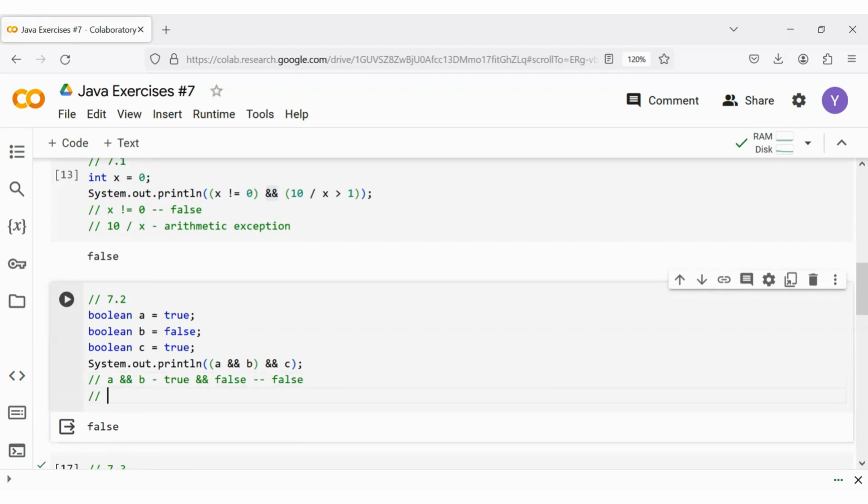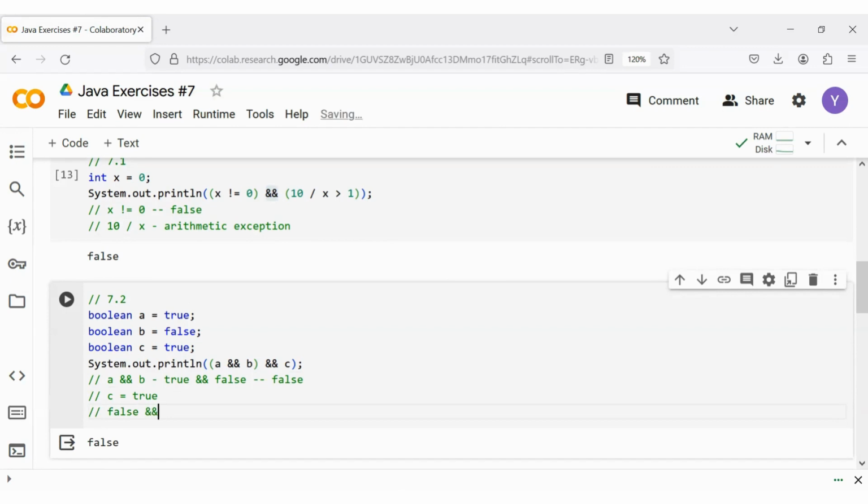Then I have another AND here, and also C. C is true, so I write here C is equal to true. So here A and B is false, and true, so the outcome will be false as well. Because again, one expression is false and the other is true, I only have one true. Because I have an AND operator here, I will get false.